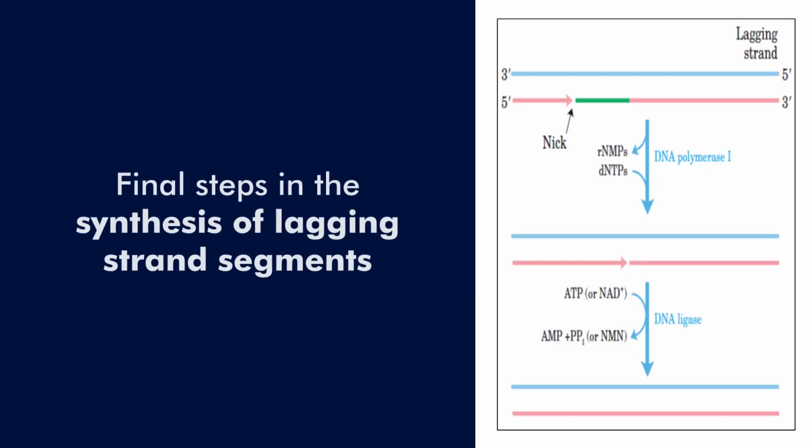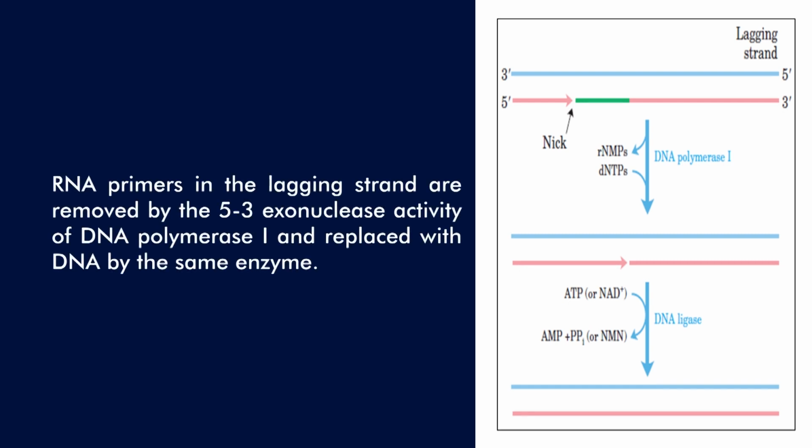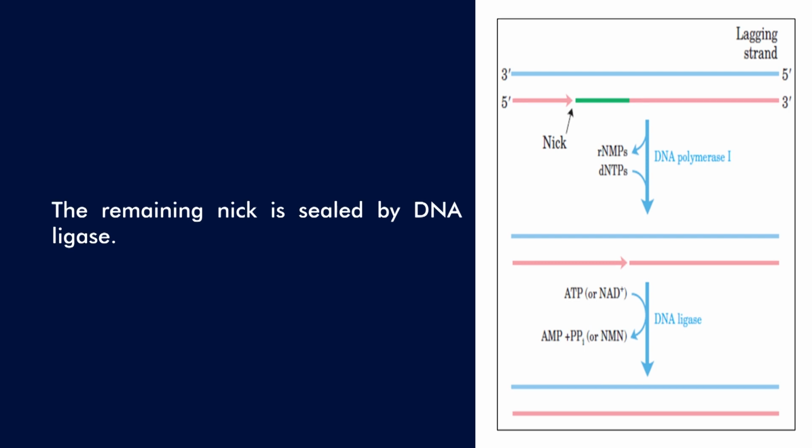The final step in the synthesis of the lagging strand segment: RNA primers in the lagging strand are removed by the 5' to 3' exonuclease activity of DNA polymerase I and replaced with DNA by the same enzyme. The remaining nick is sealed by DNA ligase.